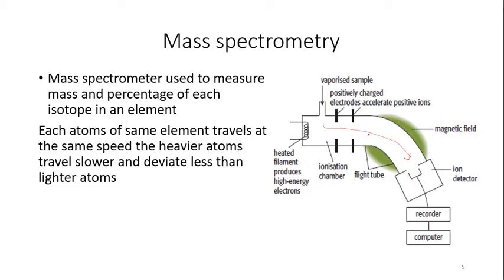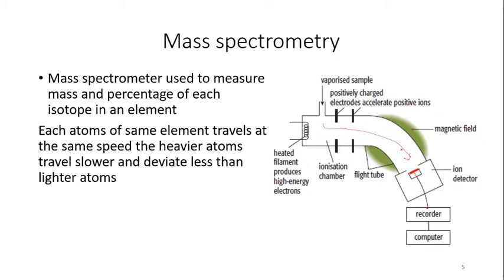a tube that is actually bent, and each atom of the same element travels at the same speed. But a heavier atom will reach my detector later. I receive those atoms at a detector that can read the number of atoms and the mass of atoms according to their speed.